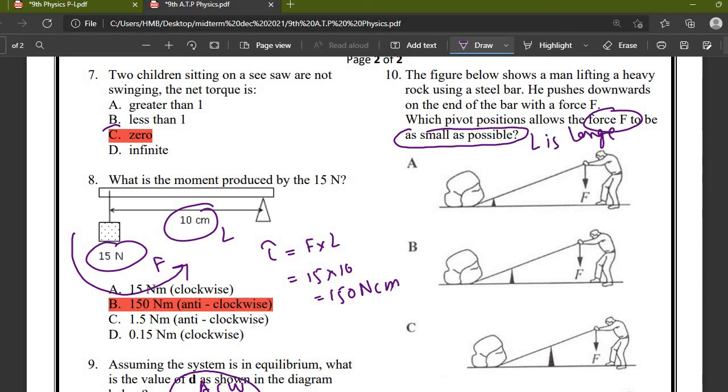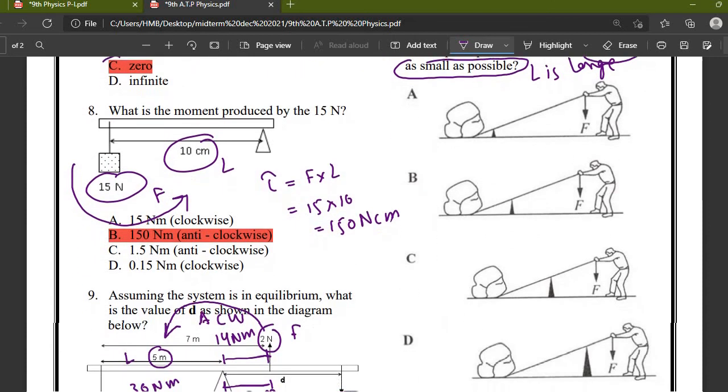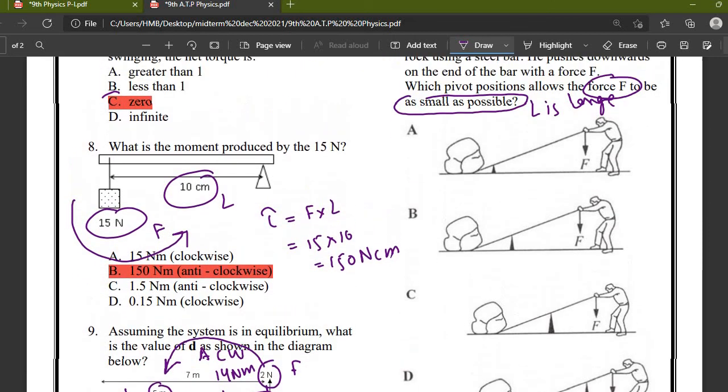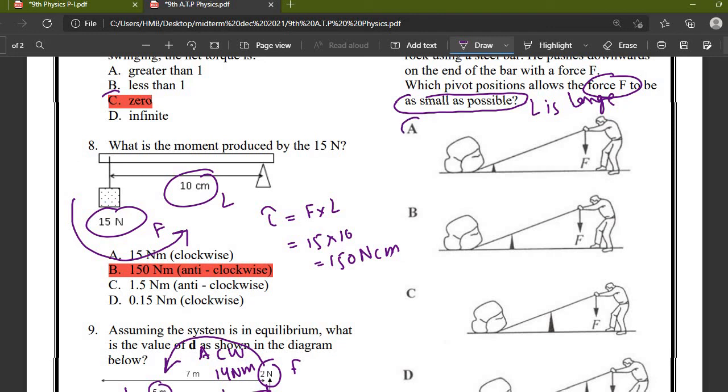If the moment arm is large, then it will be possible to move this rock with less force. So among these four diagrams, option A represents the one in which the force is at the maximum distance from the point of rotation, and this position can most easily move this rock. So option A is the right answer of this last question in this ATP exam paper.